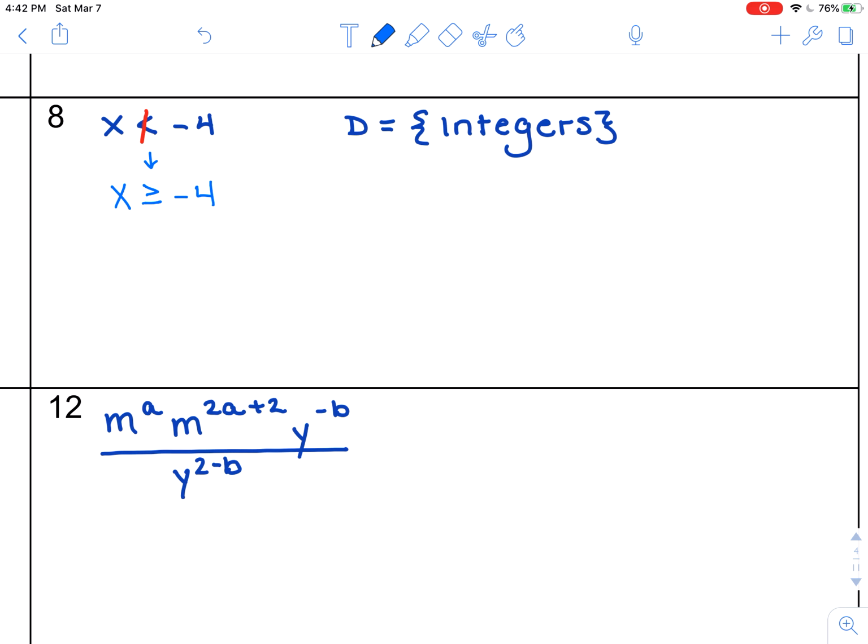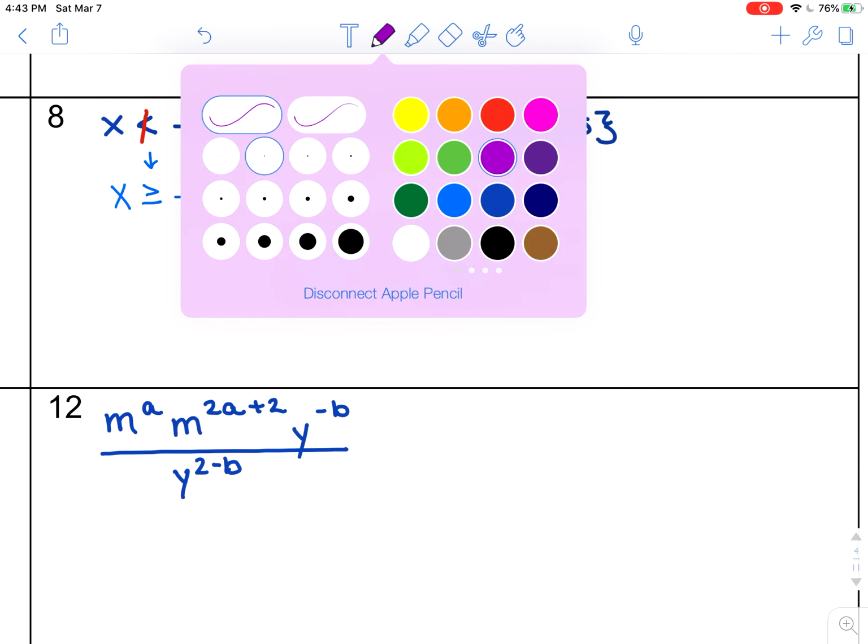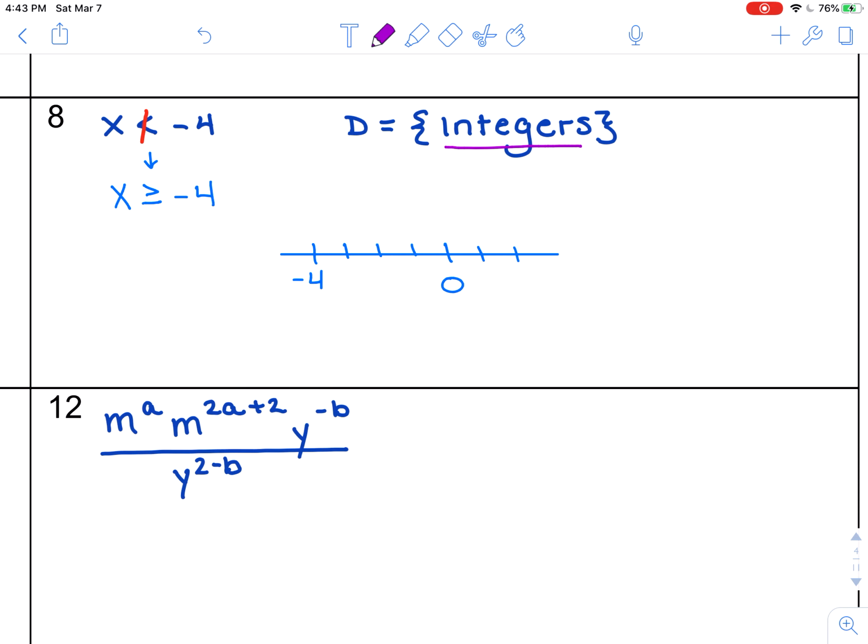Okay, and then I'm going to come over and draw my number line. I notice that I am needing to go all the way to the -4. And then I'll mark where my 0 is. Just put some hash marks on there. And then the other thing I need to take note of is the word integers up here, which tells me that I am only going to use whole numbers, either positive or negative, when I go to graph it.